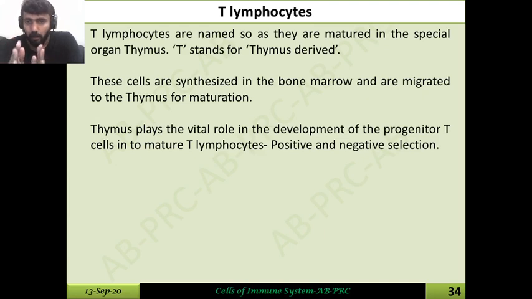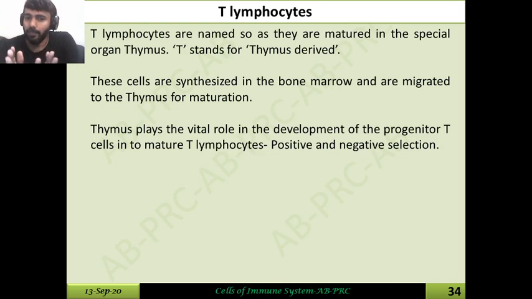That means those T cells which can recognize and identify the self MHC molecules only will be allowed to develop further, right? At the other end, those T cells which are strongly interacting with the self MHC molecule or with self MHC peptide complexes within the thymus will not be propagated further, and they will be subjected to cell death.